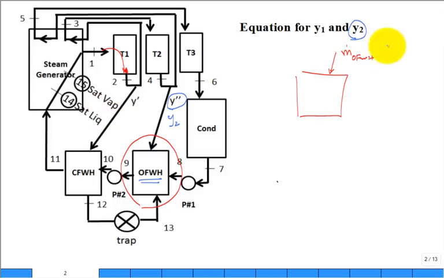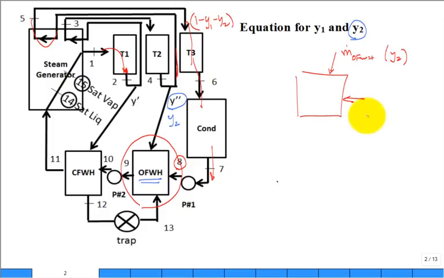So this would be Y2 coming down, coming through this first pump, out of the condenser, through the third turbine, through the second reheat, coming from this way. That's all 1 minus Y1 minus Y2 as a fraction, isn't it?